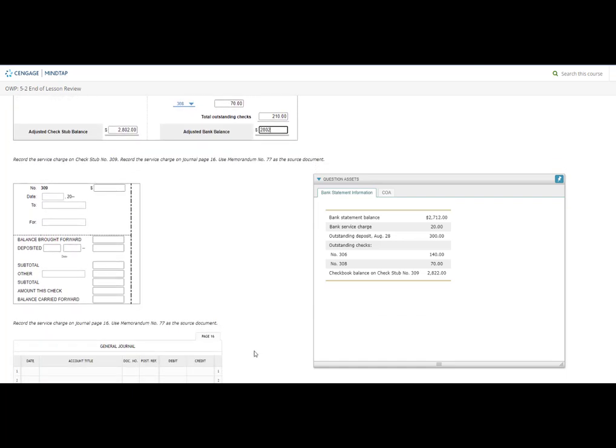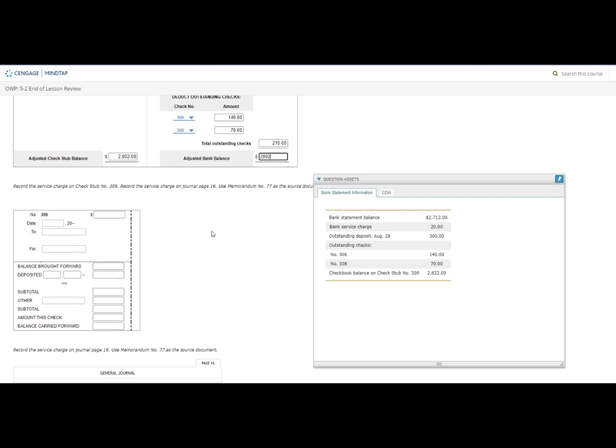Next thing is we need to record on our check stub the bank service charge. And so the balance brought forward is the balance on check stub 309, which was $2,822. We didn't have any extra deposits, but we do have a service charge of $20.